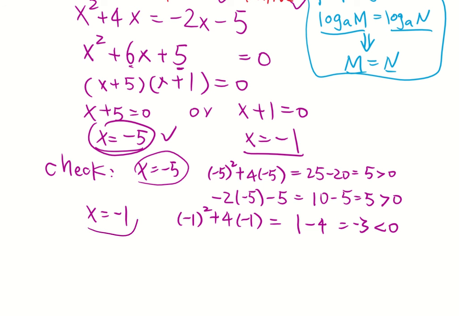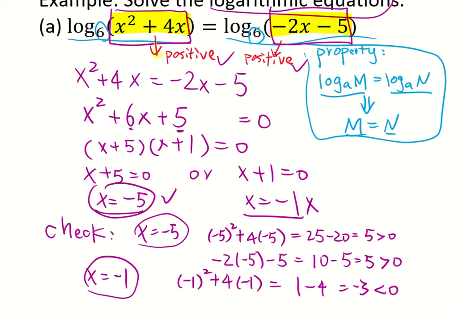So that means negative 1 is not a solution because it is not making the argument in the original equation positive, which means when x is equal to negative 1, this left logarithm is undefined. We can't have that as a solution.